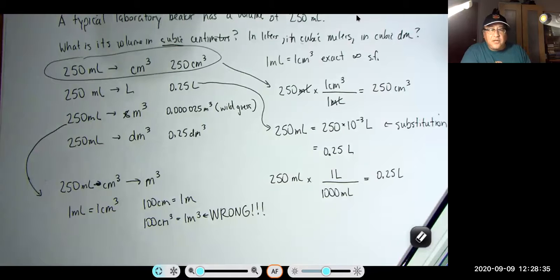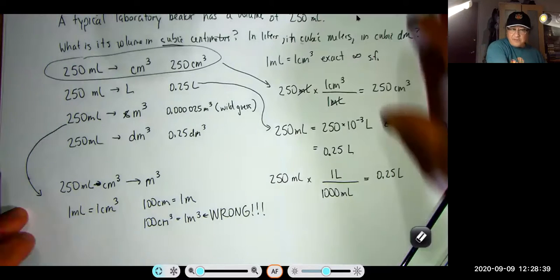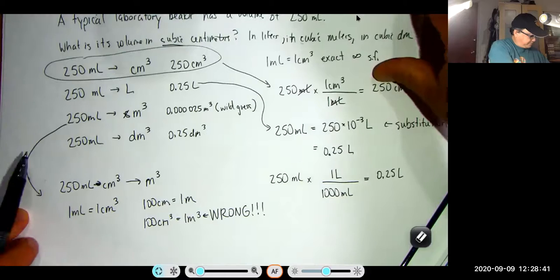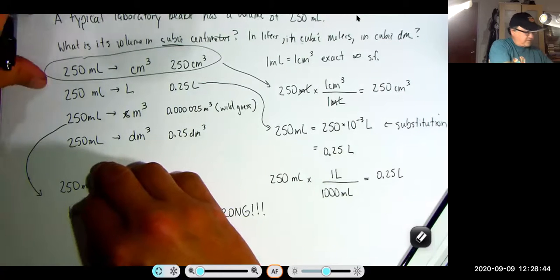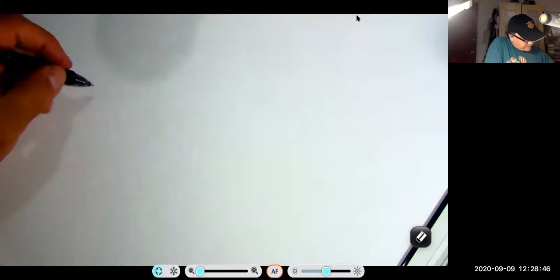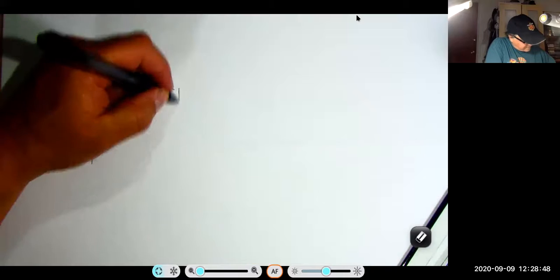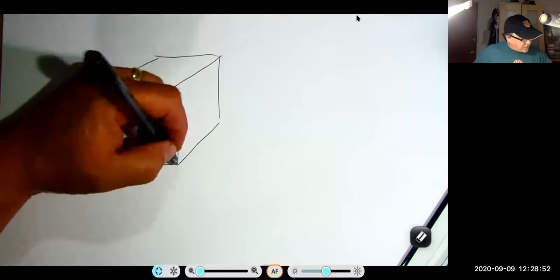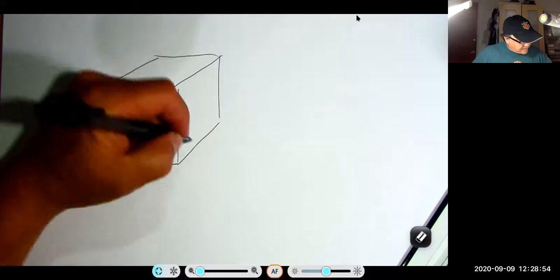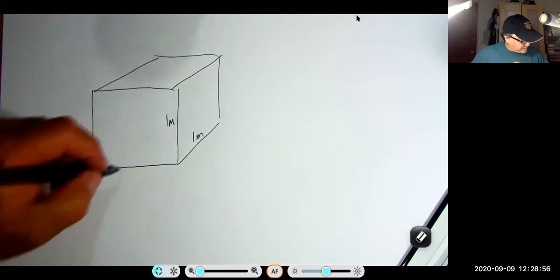I cubed both sides, right? Well, let me show you how it is wrong. So this is 1 meter, this is 1 meter, and this is 1 meter.